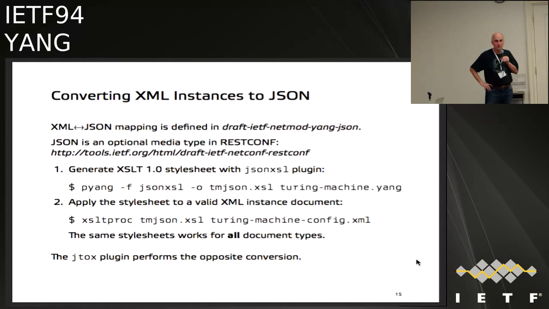But in my experience, it works quite fine and it is doable. So unless we have some JSON schema implemented, which is what Carl wants to do, this is, as far as I know, the only way available in open source tools how you can validate a JSON document against a YANG data model.